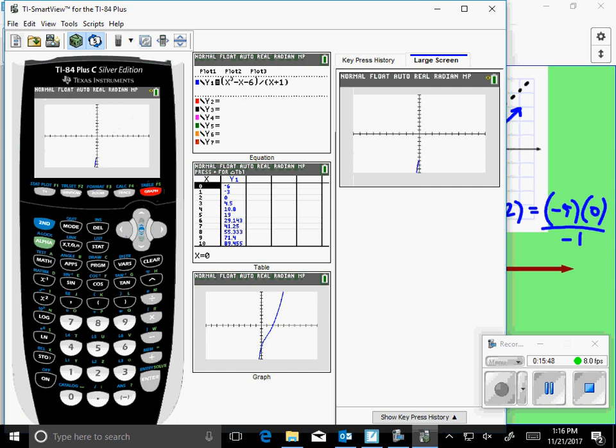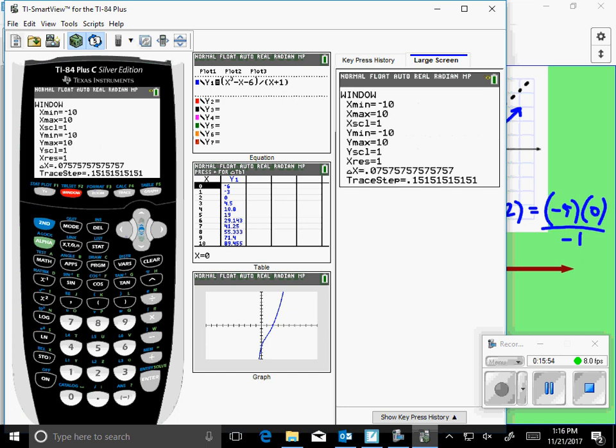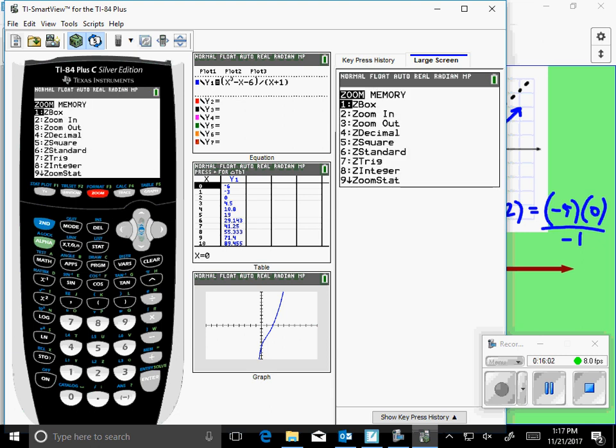Oh, how big's your window? Okay, I'm going to expand my window here. Let's go zoom fit. That'll work.